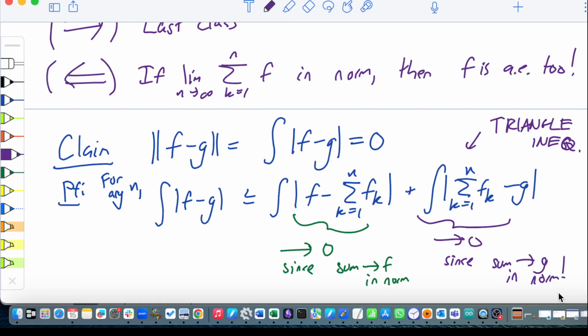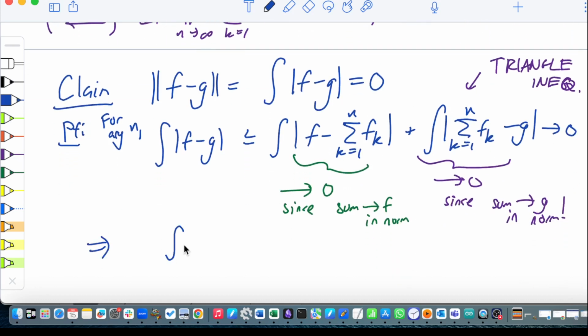Okay. So for any n, the integral of |f minus g| is bounded by the sum of two things, both of which go to 0. So the whole thing altogether goes to 0. And therefore, it must be that the integral of |f minus g| equals 0. What number is less than two things going to 0? The only number is 0.